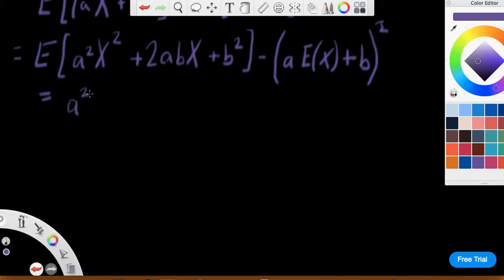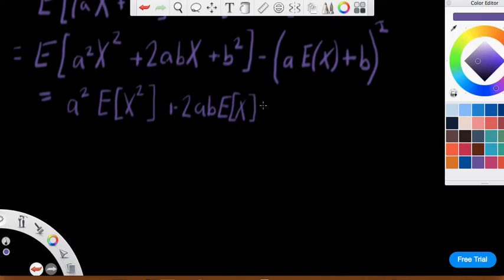So we get a squared expected value of X squared plus 2ab expected value of X, and b squared is just a real number, so of course we can break this up term by term, and then the expectation of a number is just a number, so plus b squared.